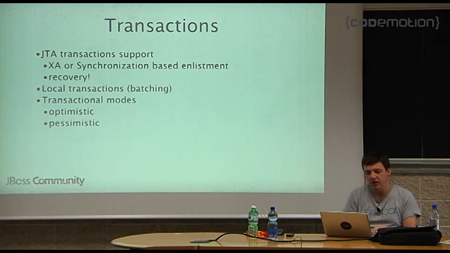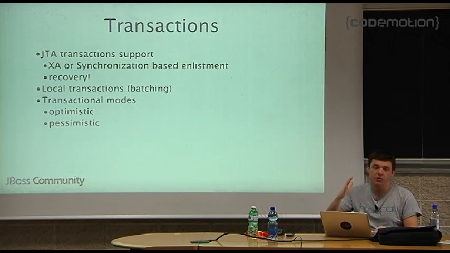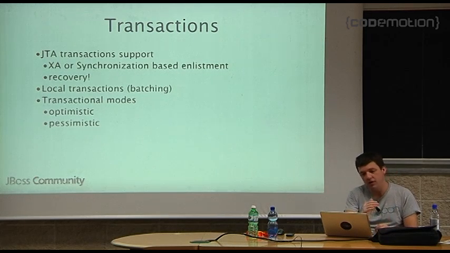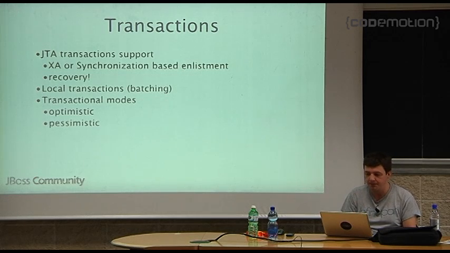On the other hand, pessimistic transactions are more suited when you have lots of users accessing the same data at the same time. Both of them offer you transactional guarantees, but the throughput might be higher if you're using one or the other. So you have more transactions per second.